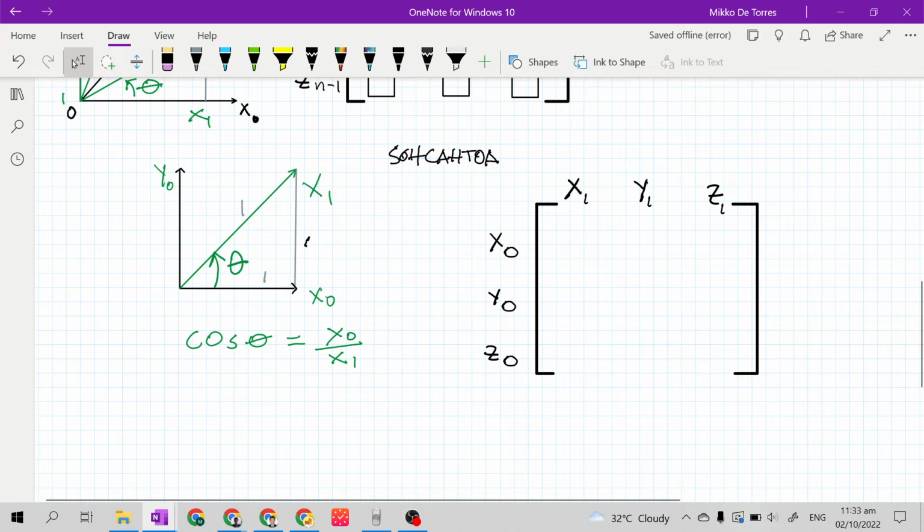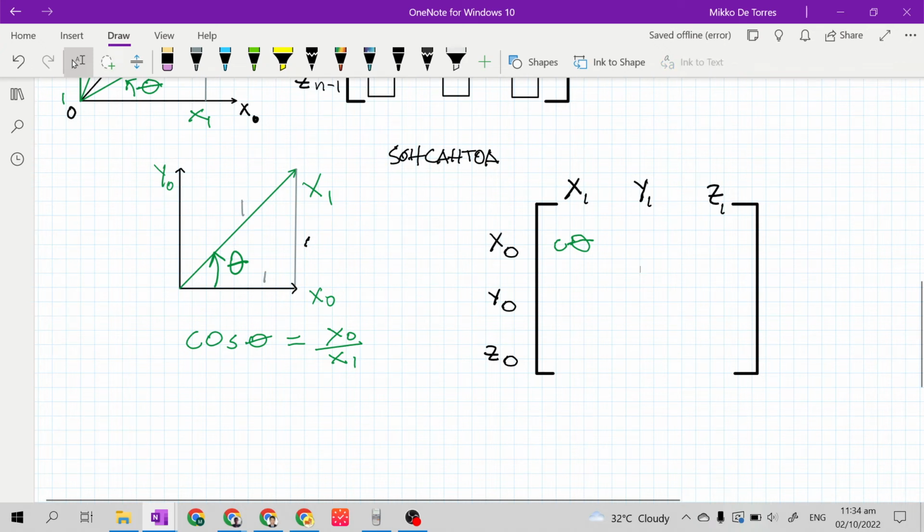So cosine theta is the description of the projection of x sub 1 on x sub 0. So we will put cosine theta at the first element of our 3 by 3 matrix.